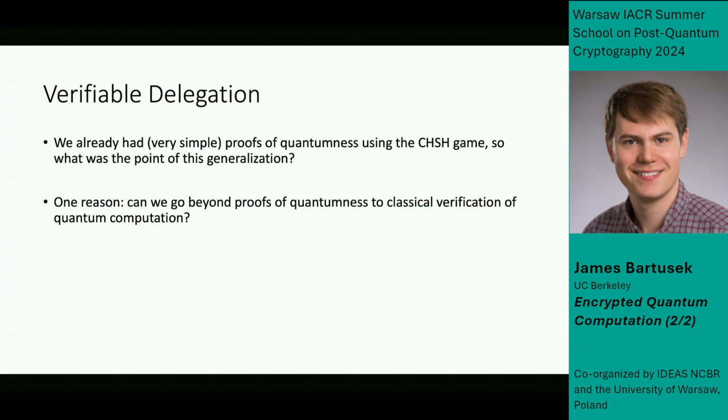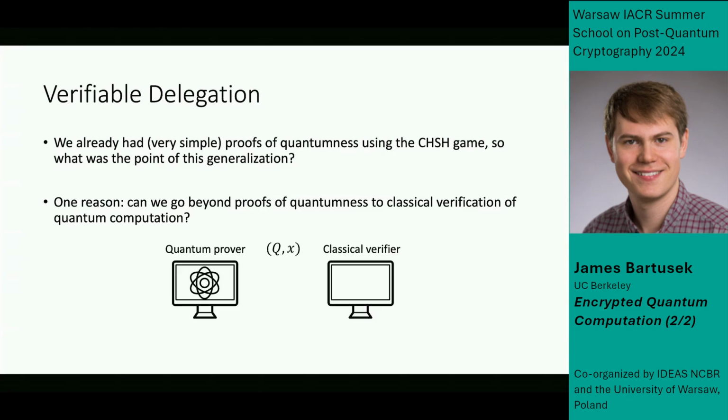Can we use this idea to test not only that the quantum prover is doing something quantum, but that it's actually computing a quantum functionality correctly? Just to be clear, in this setting we have a quantum prover and a classical verifier. They both know the description of the circuit and the input. They communicate classically, and the verifier outputs a bit. Let's say the output of this circuit is supposed to be a single bit.